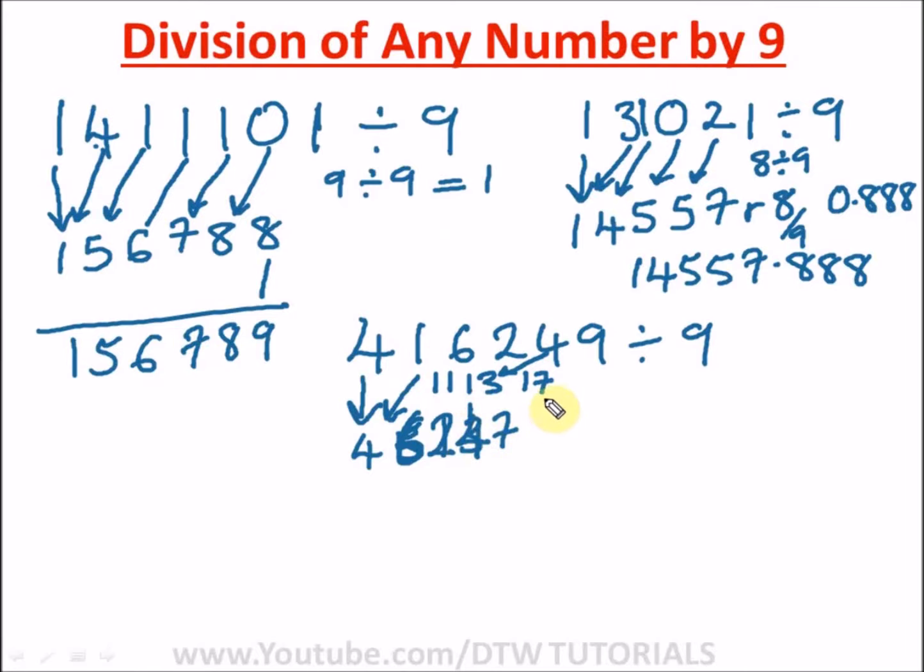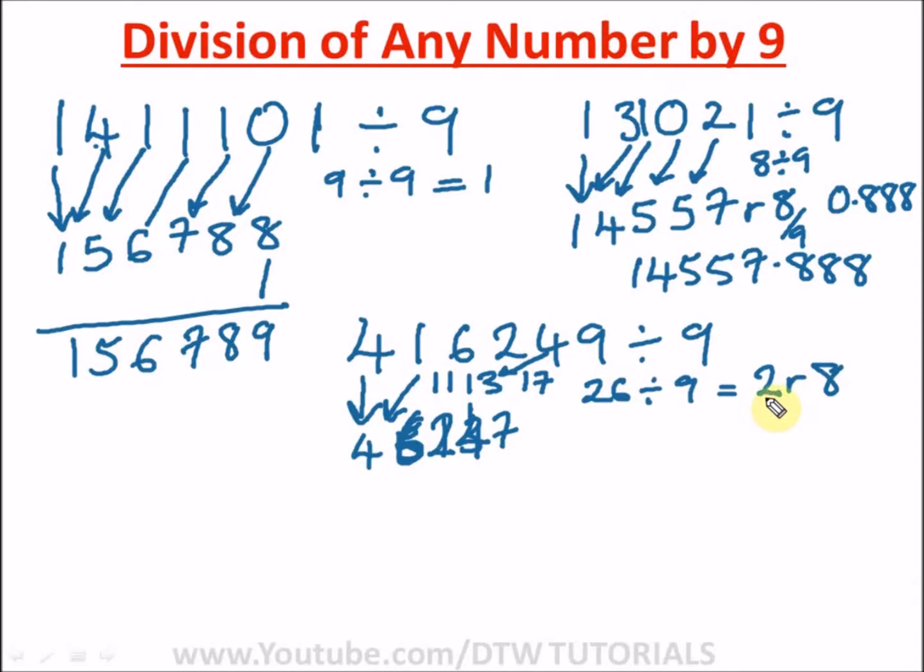And what's our final number now? We say 9 plus 17, which will give us 26. And remember, as we've done in the first example, we'll say 26 divided by 9. What would that give us? That will give us a 2, that's 18, remainder 8.